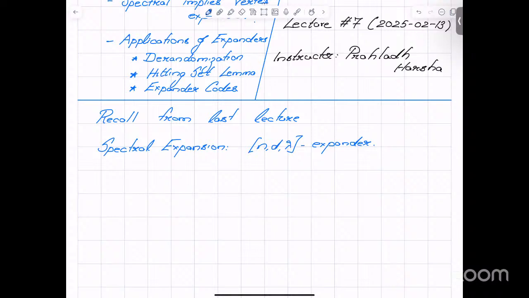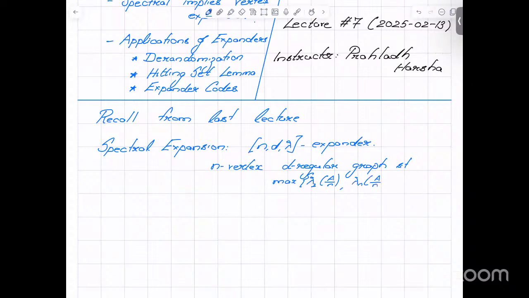It's an n vertex d-regular graph such that lambda, the max of lambda 2 and lambda n of the walk matrix associated with it, strictly speaking A by d, is at most lambda. That was spectral expansion.